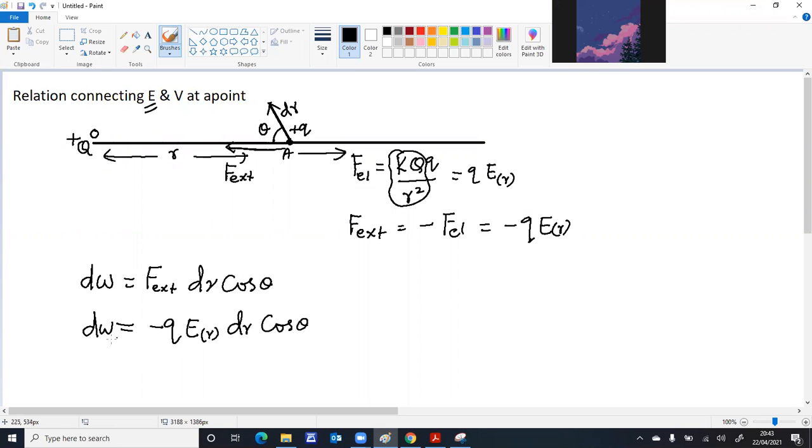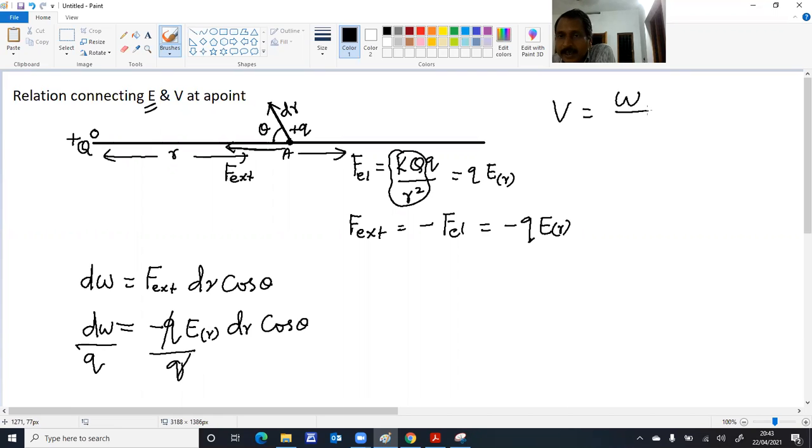Yes, sir. So if we divide both sides by Q, we get V as W by Q, V at R, W from infinity to R. So what will be dW by Q?